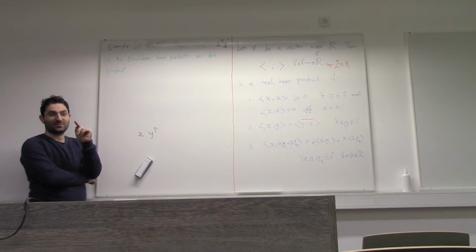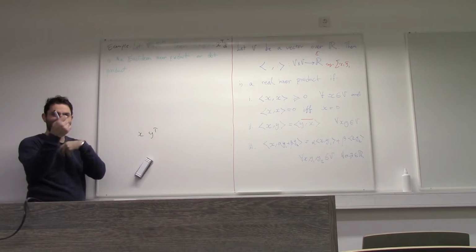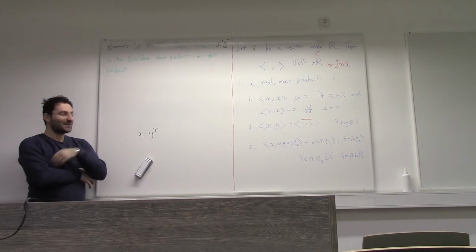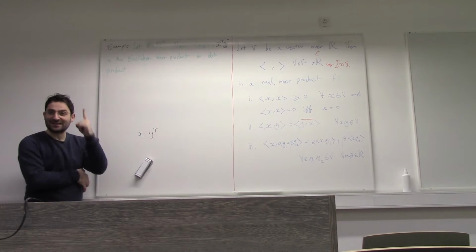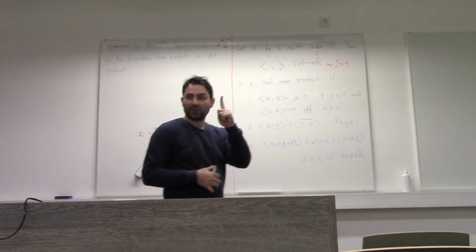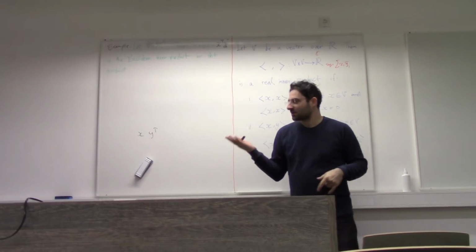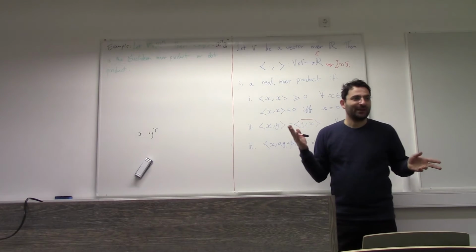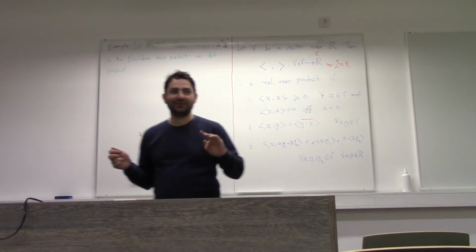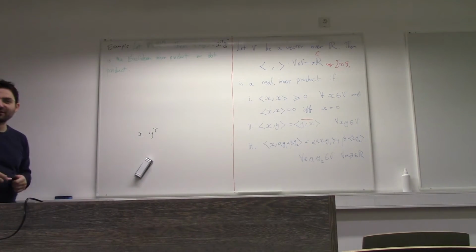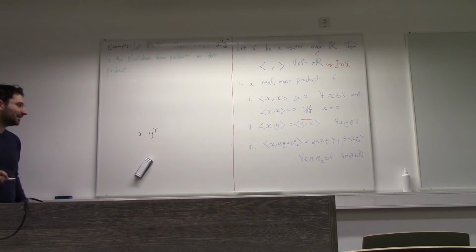Do you remember what your mistake was? The rank. Yes, what was the rank? The rank is 1. This is a matrix whose rank is 1. So what does it mean? If the matrix has rank 1 and I'm using singular value decomposition, what do I get?